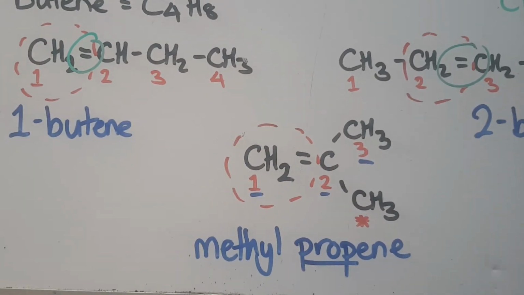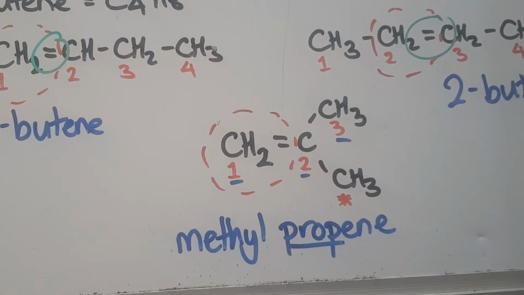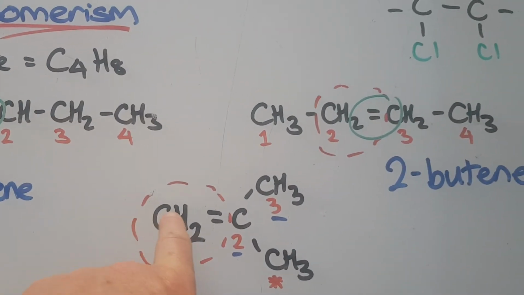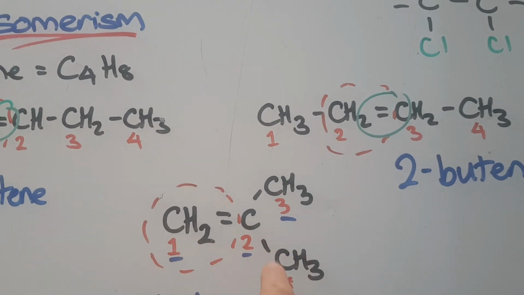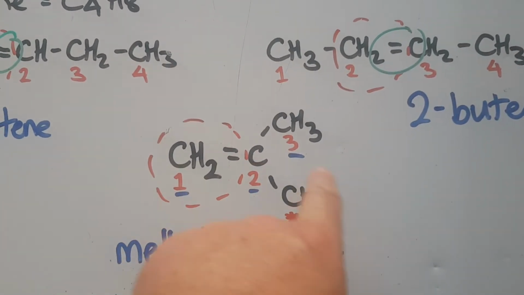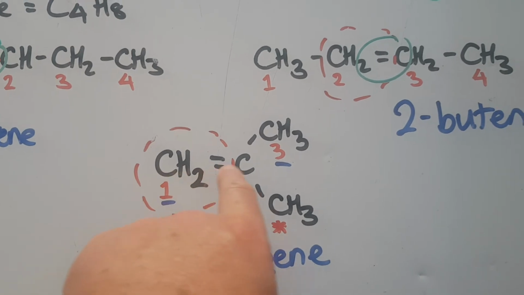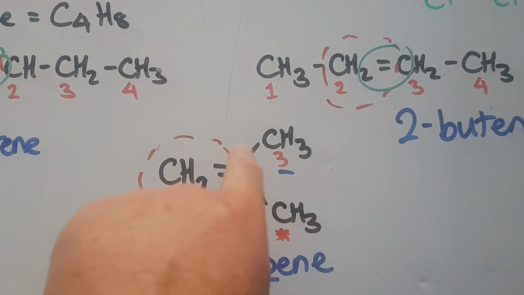So it's still an isomer of butene. But its longest carbon chain is only 3 carbon atoms long. This is what we call a side chain. It's off the side. I can't draw a straight line that links all of them up without doubling anything up.